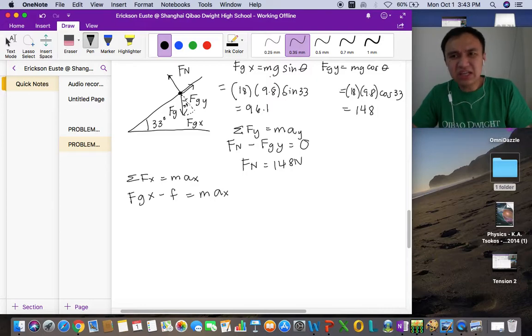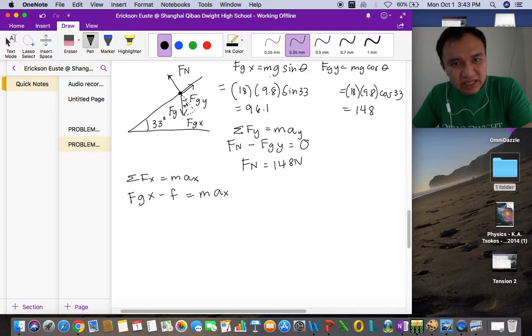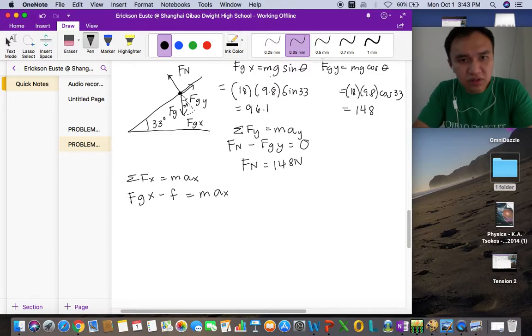I understand that my orientation a while ago was that if it's right, it's positive, and if it's left, it's negative. But if you use this as negative and this as positive, and since it's going to the left, this is negative, so it's just a variation of the directions.